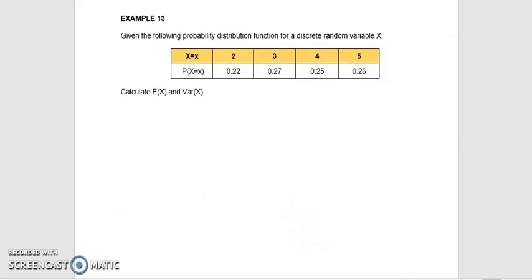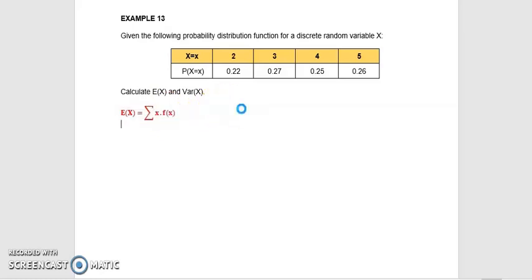Okay, now let's look at this example. Given the following probability distribution function for a discrete random variable x, calculate expected of x and variance of x. Expected of x is given by summation of x multiplied by f(x).